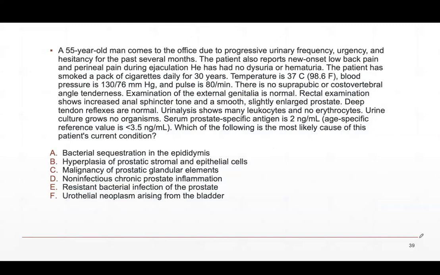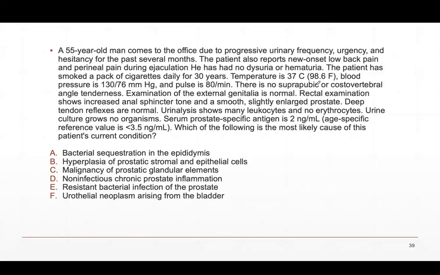So a 55-year-old man comes to your office due to progressive urinary frequency, urgency, and hesitancy for the past several months. The patient also reports new onset low back pain and perineal pain during ejaculation. He has no dysuria, no hematuria, and he is a smoker, a pack of cigarettes daily for 30 years. Temperature is normal, blood pressure is 130/76, and pulse is 80.